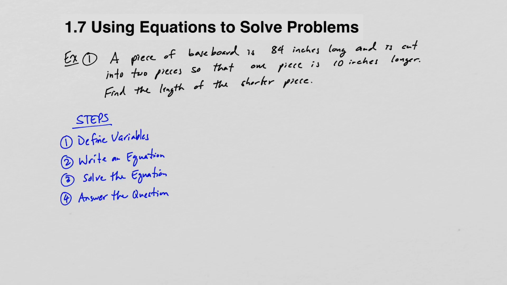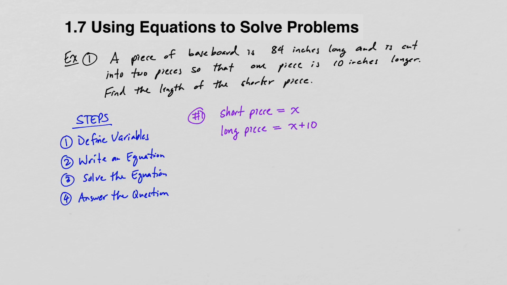So in step number 1 here, when we define our variables, I'm going to say the short piece of the baseboard is X inches long. And then we know the longer piece is 10 inches longer. That was given to us in the problem. So the long piece is X plus 10.